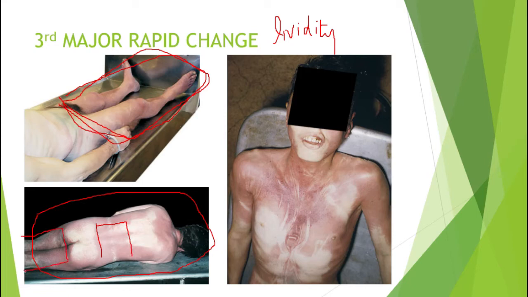And what does this third picture tell us about? It tells us that the post-mortem hypostasis is on the front of the body, which shows that the person died face down, most probably on bed.